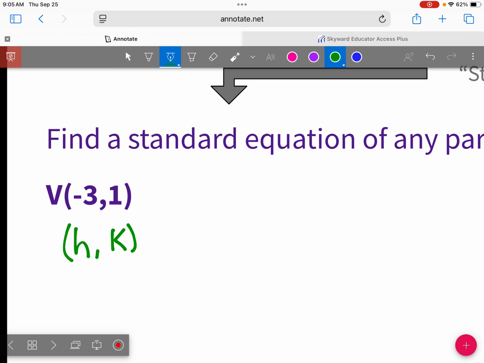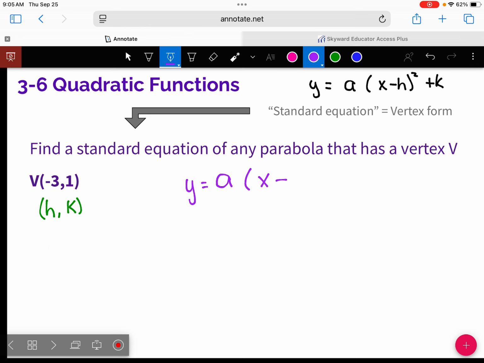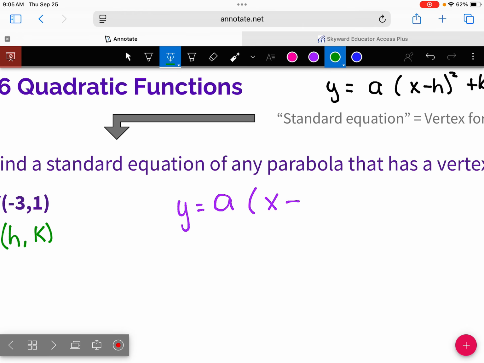So if we fill in the things we know, we're going to have y equals, if you want to give it an f of x name, valid, a times x minus h. What's our h? -3. So we have x minus -3, which is x plus 3, squared, plus k, which is plus 1.